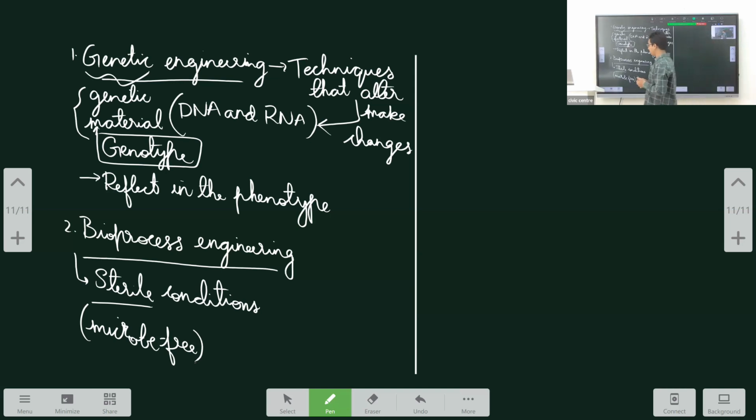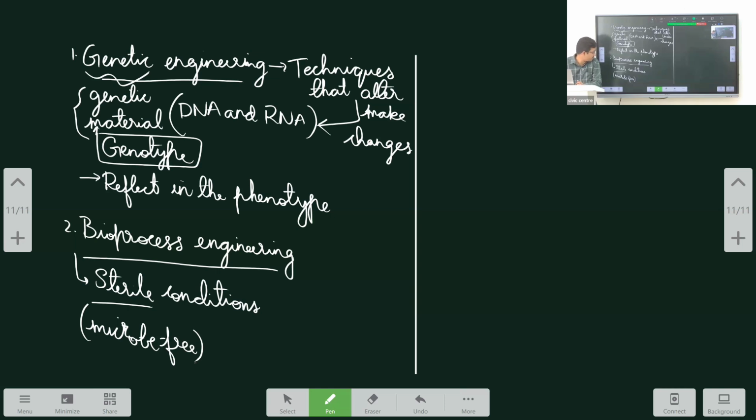The absence of these microbes is considered sterile conditions, and under these sterile conditions some chemical processes will be carried out. Now what could be those processes? Vaccine development, or enzyme cultivation, enzyme manufacturing. All that will come under this.